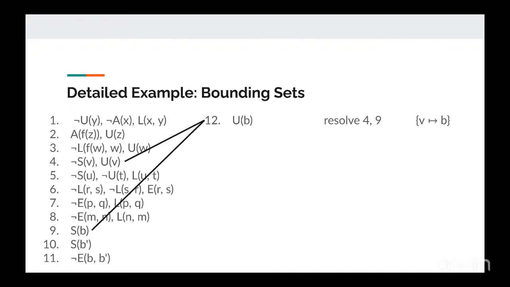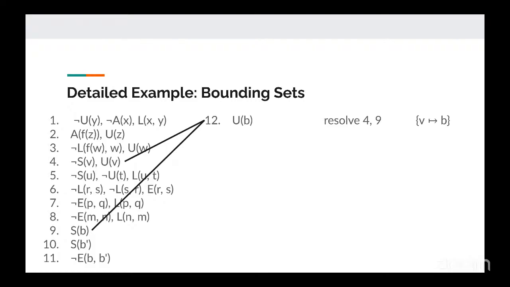Okay, so now if we follow the intuition again, what did we want to say? We wanted to say that B prime was less than or equal to B, or B was less than or equal to B prime. So I want to construct some sort of sequence of resolution steps that gets me to something that makes sense.